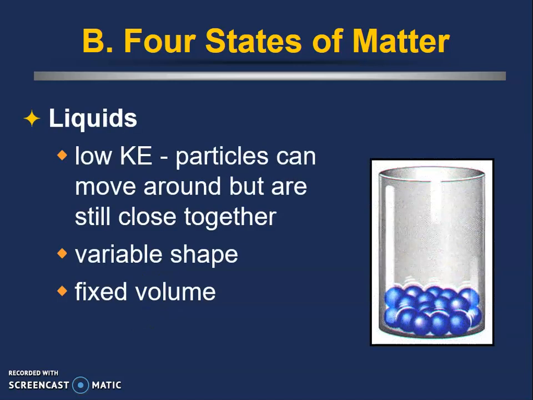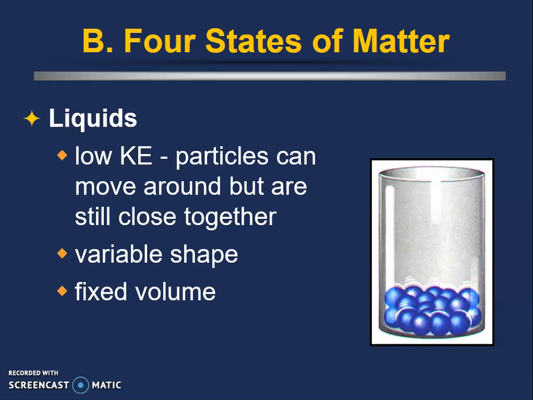But let's increase the kinetic energy. Let's warm up that ice cube. What happens? Those water molecules begin to have more movement. They are now able to slide past one another and slide around. They still stick pretty close together, but they do have more freedom of movement. So now we have a liquid.